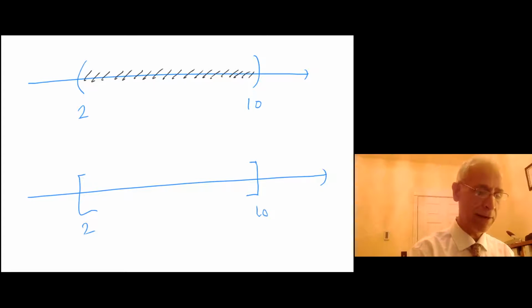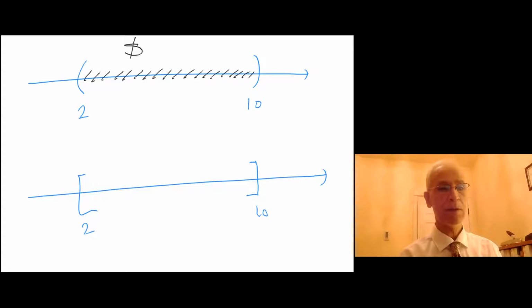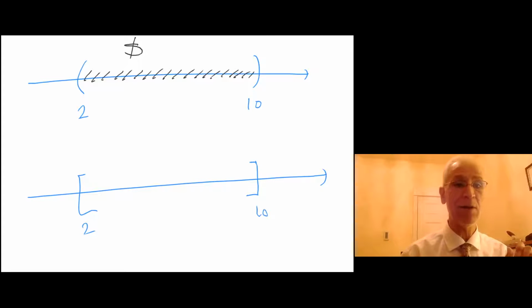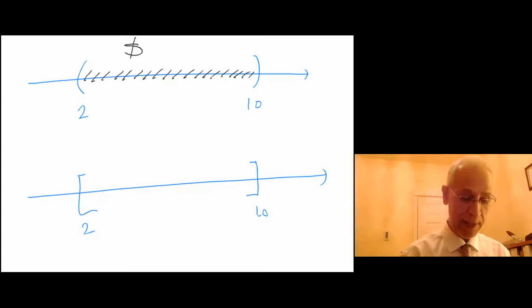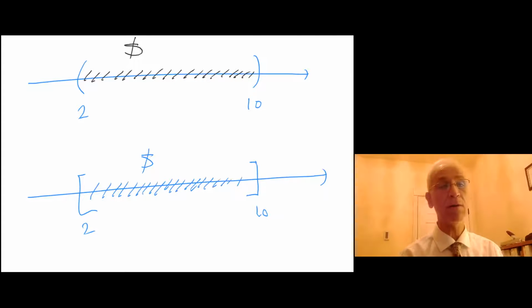So let's say that if this was the amount of cash that you have, this means that you have more than $2, but less than $10. You do not have $10, you have less than $10. But in the second one, that means you have anywhere between $2 and $10.